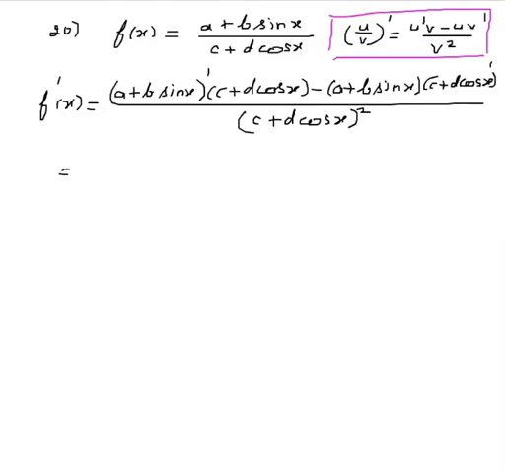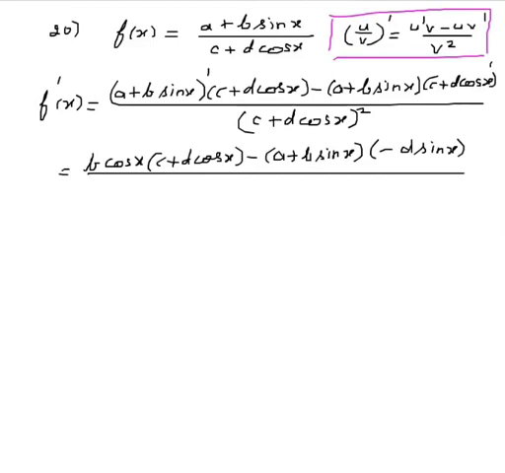A is a constant, so the differential of a is 0, plus b times the differential of sin x, which is cos x, times c plus d cos x, minus a plus b sin x into the derivative of c, which is 0, plus d times the derivative of cos x, which is minus sin x, so minus d sin x, divided by c plus d cos x the whole square.